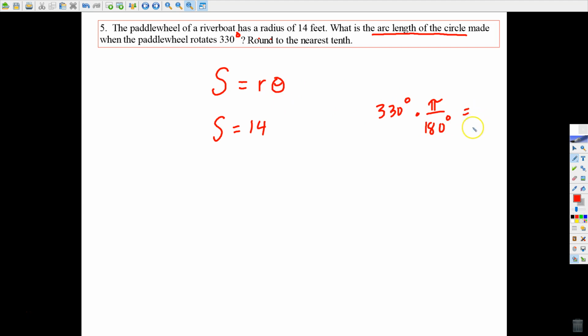All right, and so really there's no need on this problem, like on the previous problem, where we wanted to come up with a multiple of pi answer. In this case, you can just stick all of this in place of theta and just use your calculator, because we're trying to come up with an actual length of this arc.